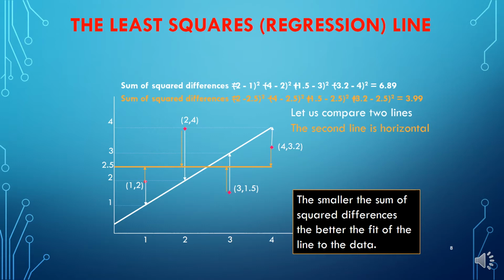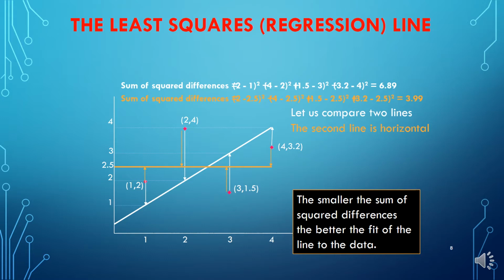Isn't it? So the error will be 2 minus 2.5 whole square. The second point, it is 4 minus 2.5 whole square and so on. So you get the total sum of square difference as 3.99 in this case.